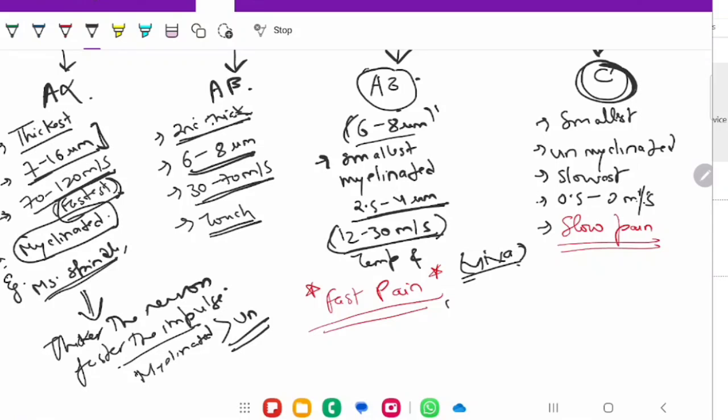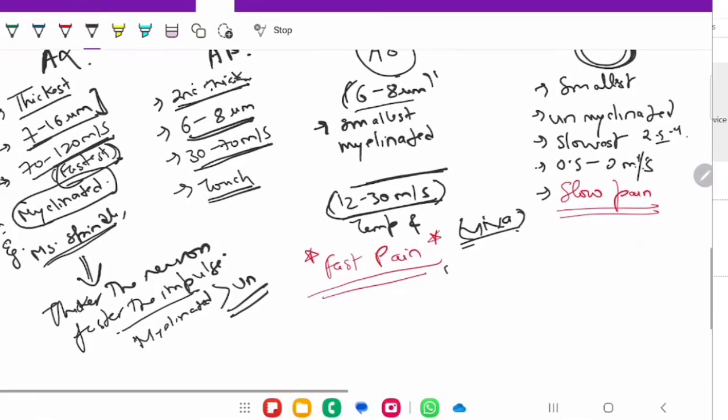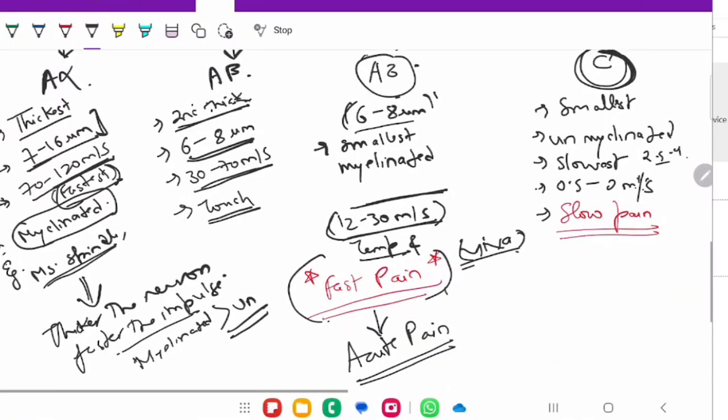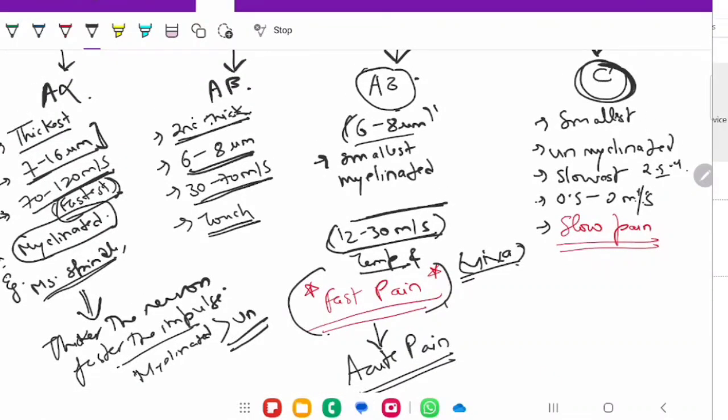They are responsible for temperature and fast pain. What do you mean by fast pain? Acute pain. They are responsible for acute pain, or something known as fast pain.